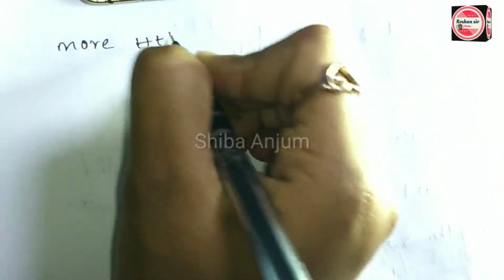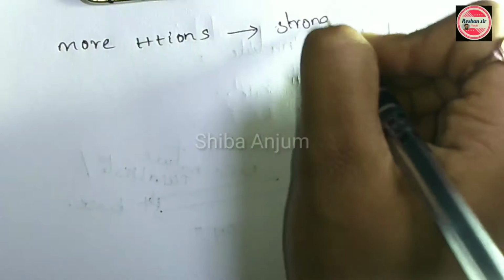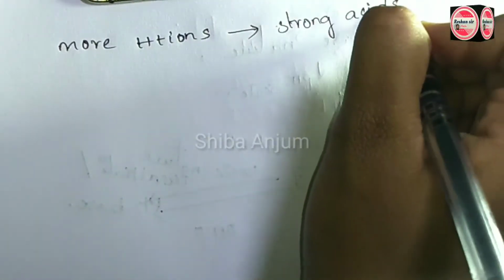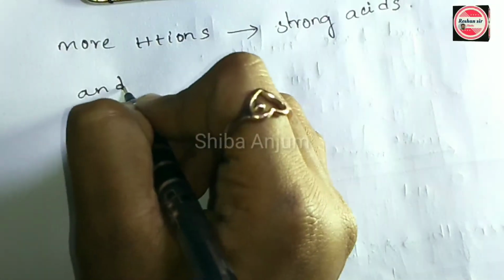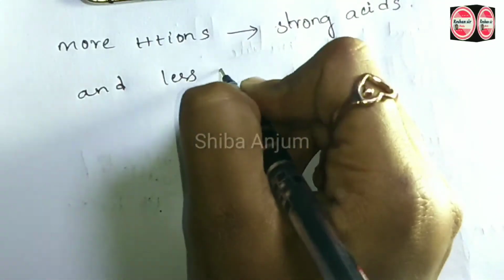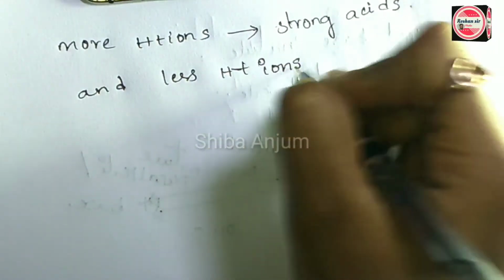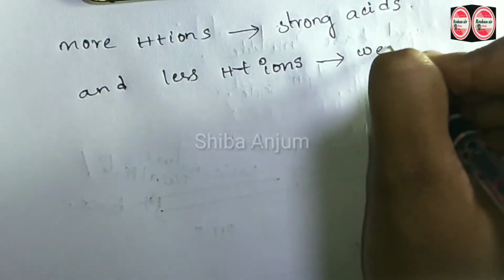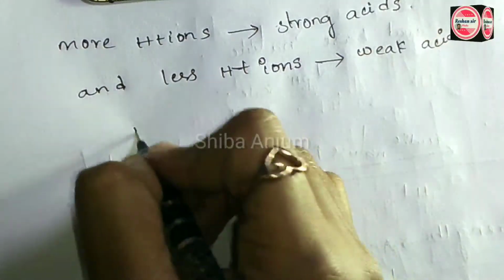More H plus ions is said to be a strong acid and fewer H plus ions is said to be a weak acid. The same goes for bases.